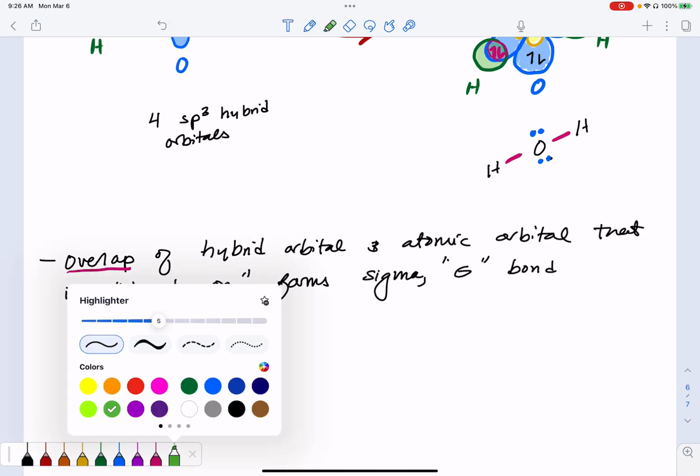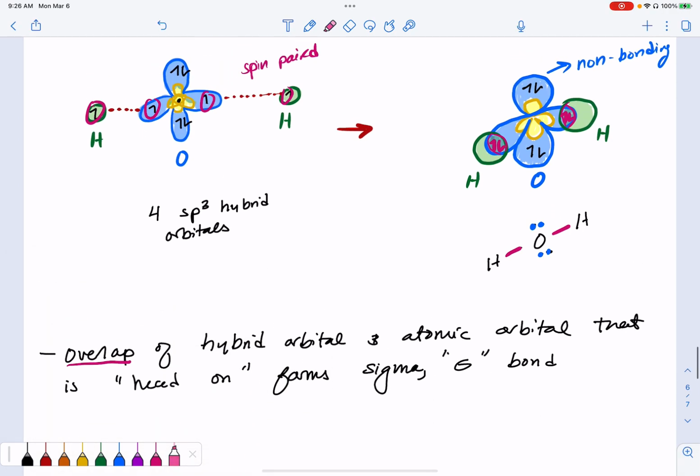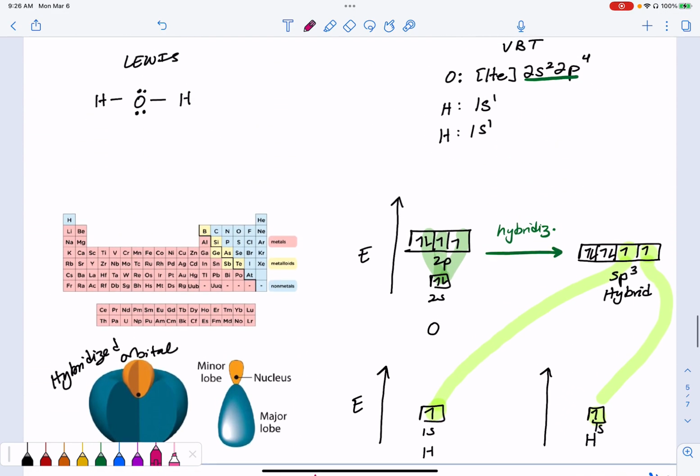So if I were to look at my water again, this overlap region here that contains my spin pair electrons, these are my sigma bonds. Okay.